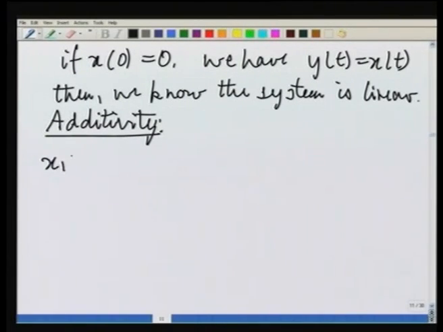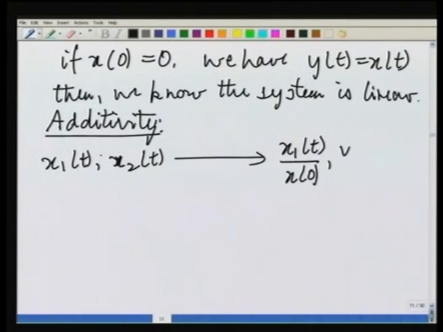You have x1(t) and x2(t) being applied simultaneously to the input, or one after the other, so to speak, in parallel to get the outputs x1(t) by x(0), y1(t), and x2(t) by x2(0).